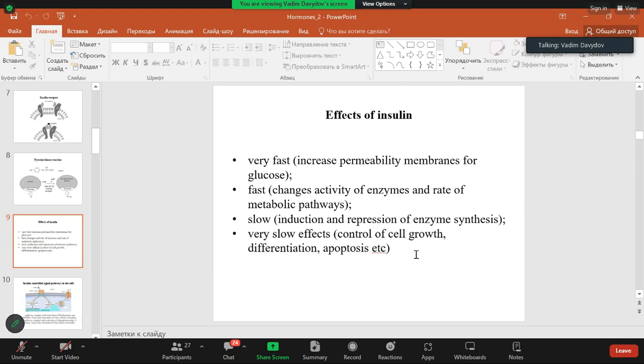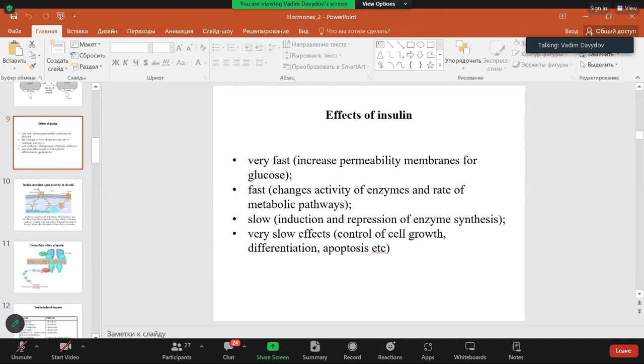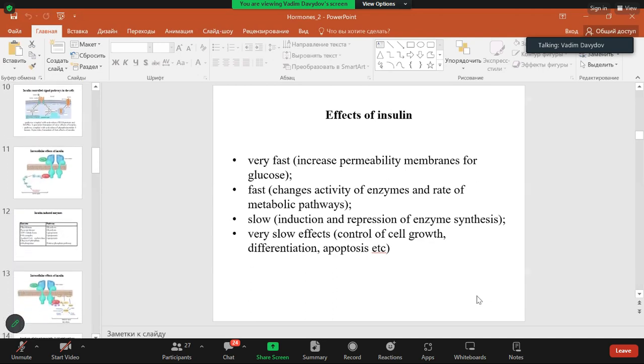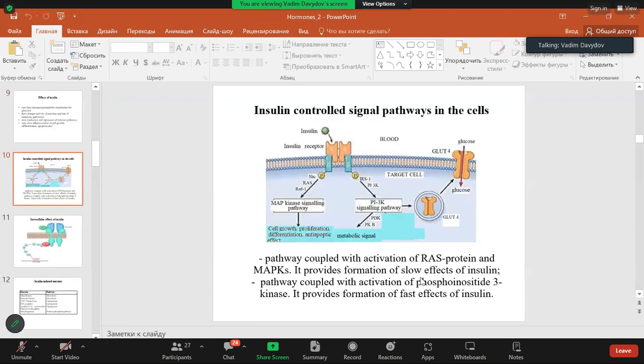My dear colleagues, let's talk about the mechanism by which all these effects of insulin appear. The different kinds of effects of insulin are coupled with the existence of two major signal pathways inside the cell.